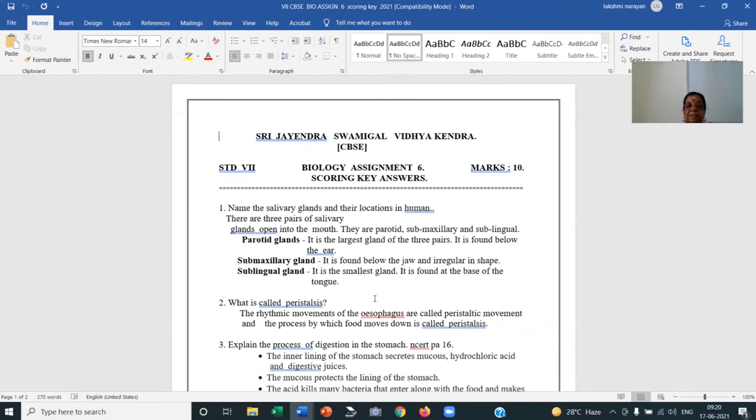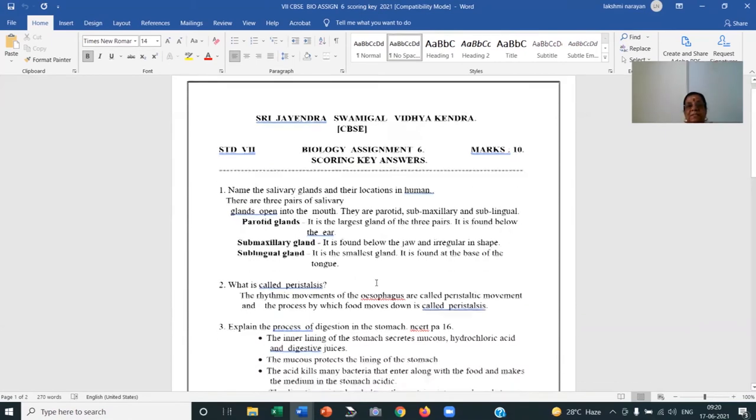Submaxillary is found at the angle of the jaw and is irregular in shape. And sublingual is the smallest gland, found at the base of the tongue, beneath the tongue. Okay, then what is peristalsis?